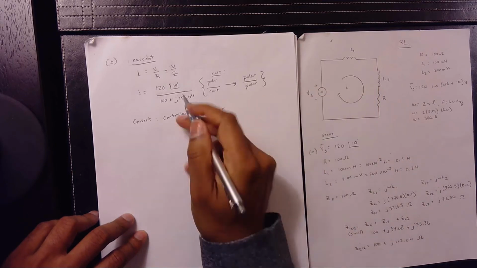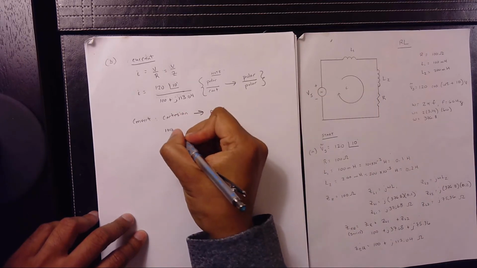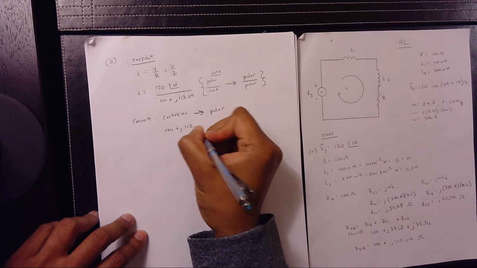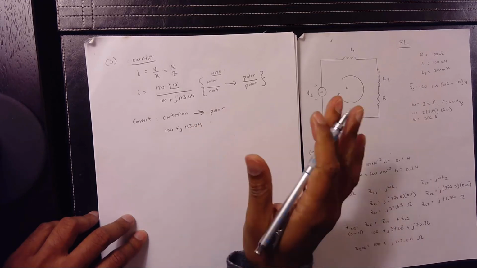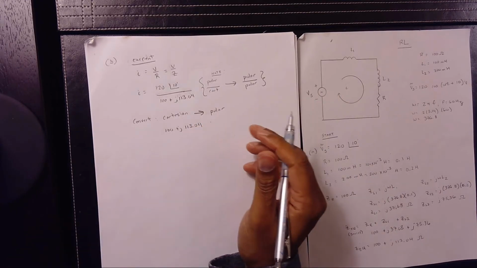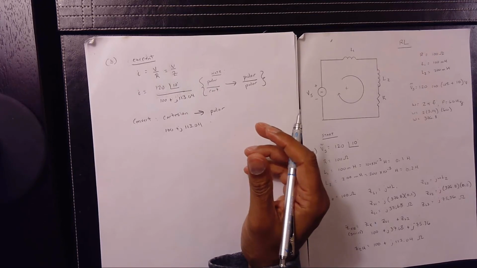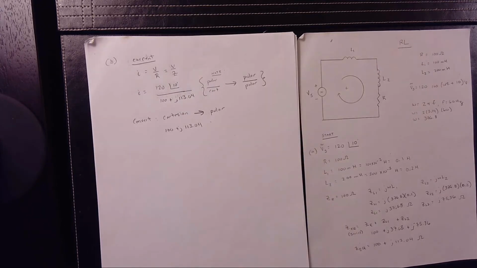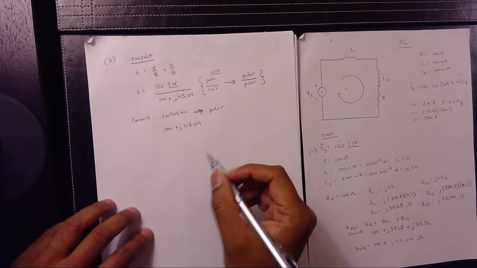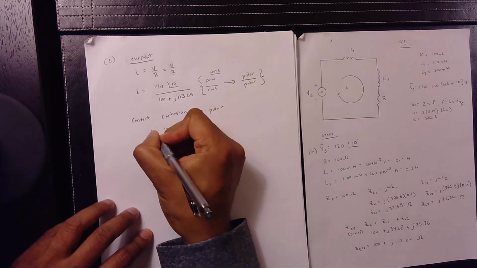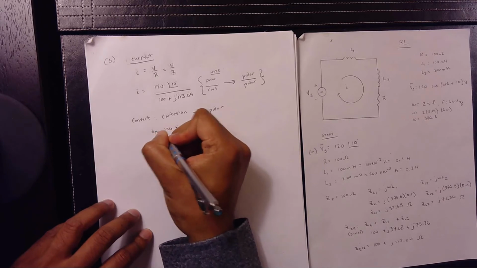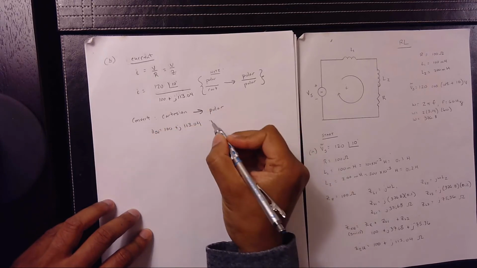So now we want to convert this 100 plus J 113.04 to its polar form. How do we do the conversion? It's actually pretty simple when you do it. Let me move this mouse away so you can see the problem. The polar form here is a simple conversion of Z equivalent. So what do we do?